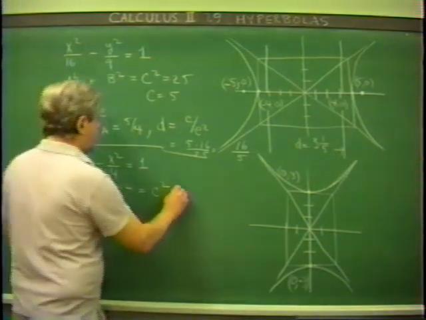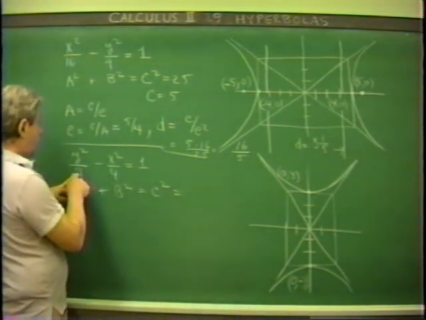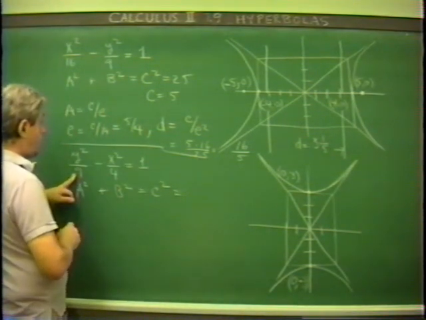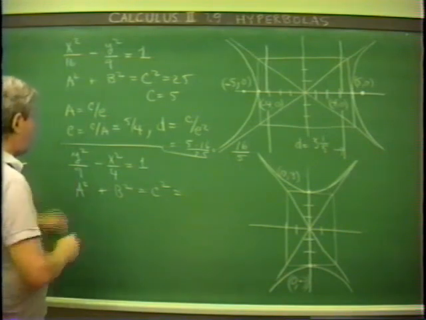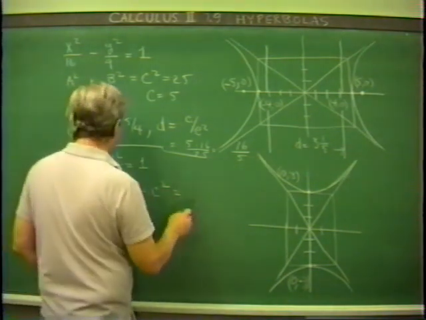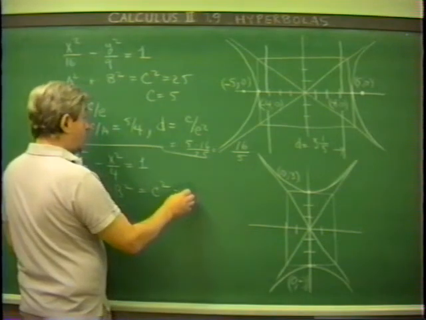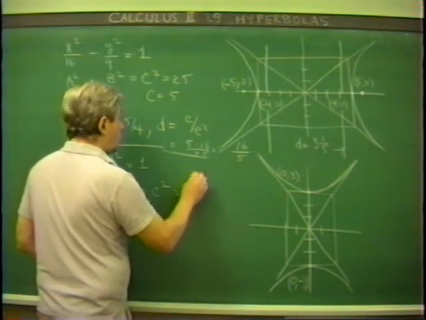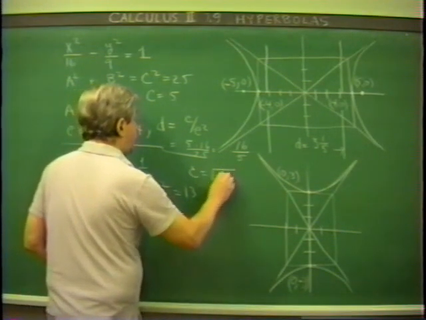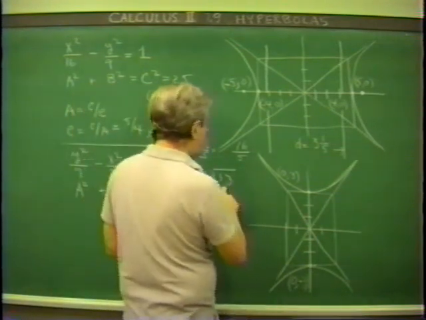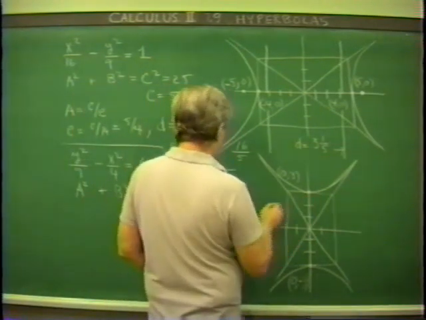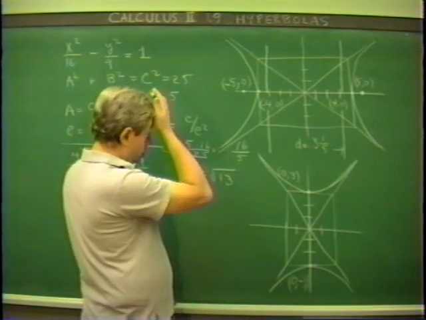Right? And a squared plus b squared is equal to c squared. And so we have that this is equal to 9 and 4, 13. C squared is 13. And so consequently c is the square root of 13.